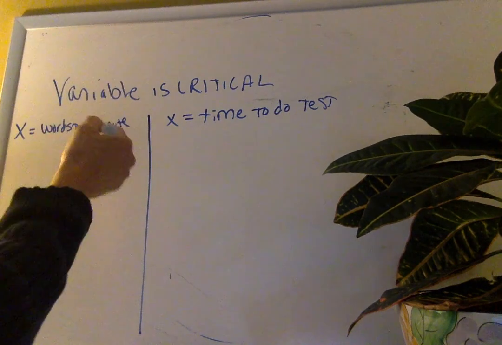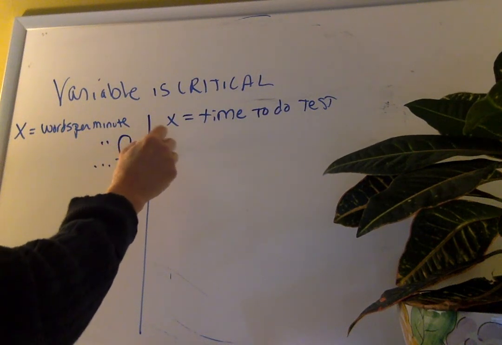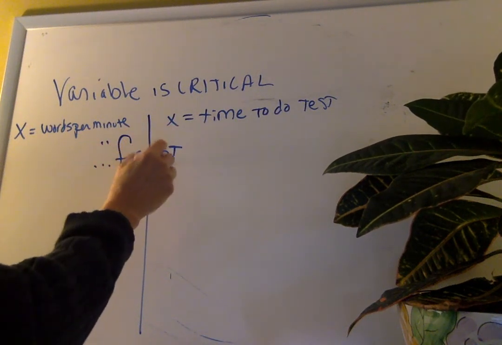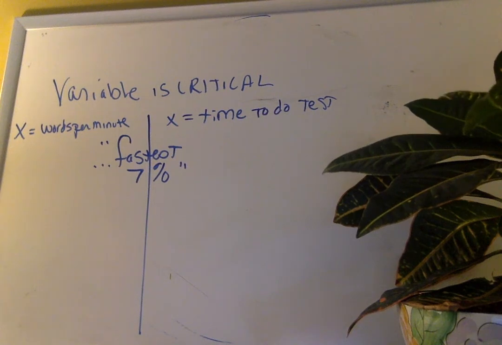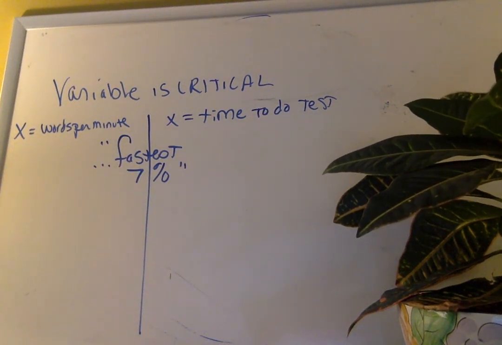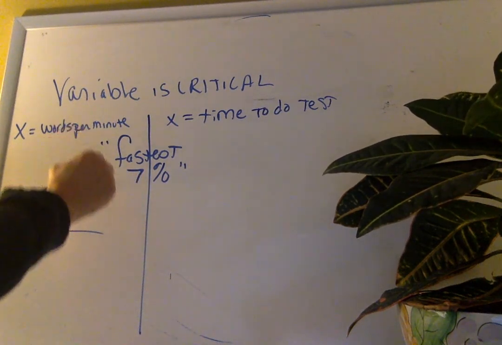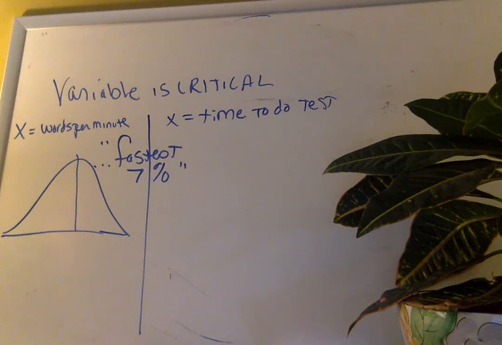Now, let's say there's a problem that's asking about the fastest 7%. I want to use that same example for both, so I wrote it in the middle. Well, let's draw a picture. First of all, I just gave you an area, so we know it's working backwards. Words per minute.